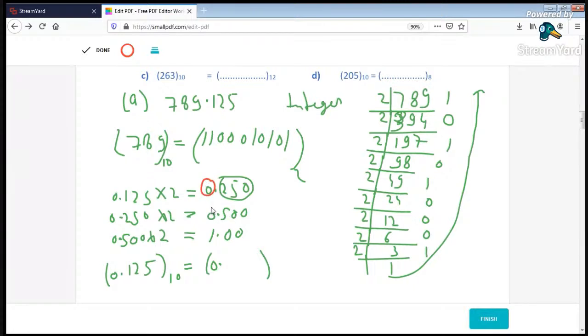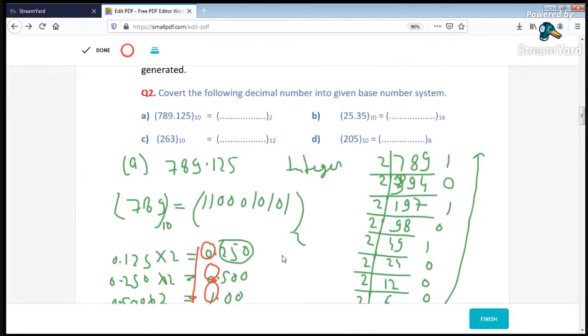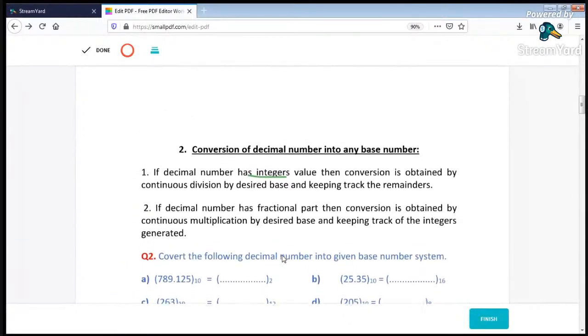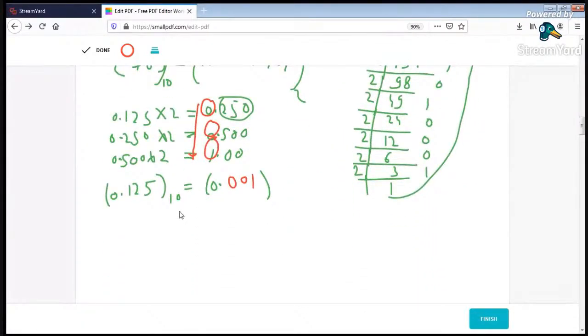This 0, this 0 and this 1. So from top to bottom you write 0 0 1. This is the final binary value of this fraction.